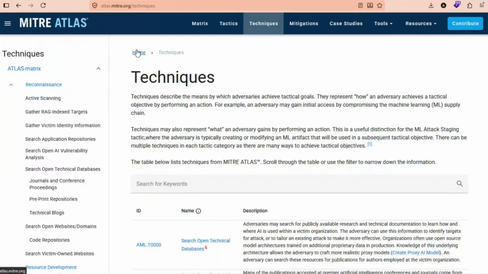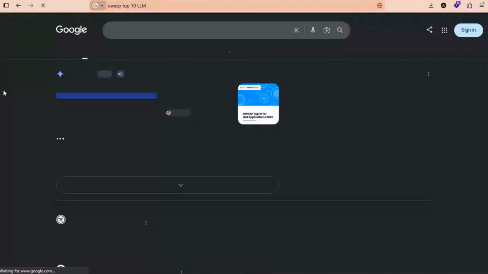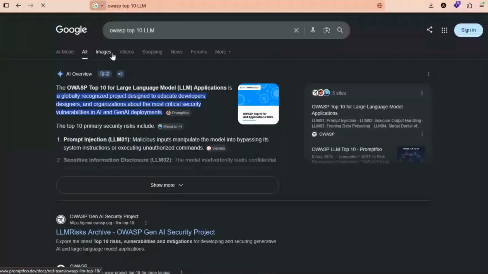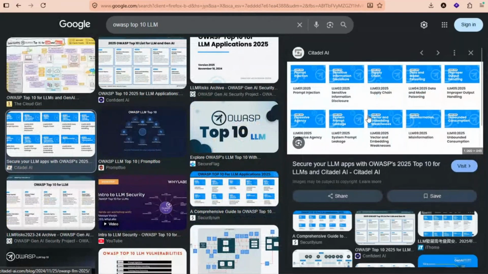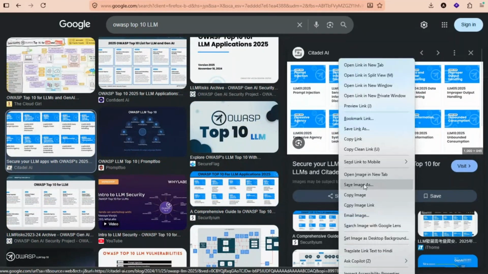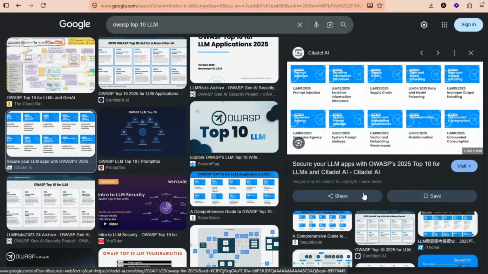Then apart from that, we have OWASP top 10, right? For LLMs, and when we are talking about the OWASP top 10 for LLMs, these are the OWASP top 10 for LLM. Everyone knows what is OWASP?